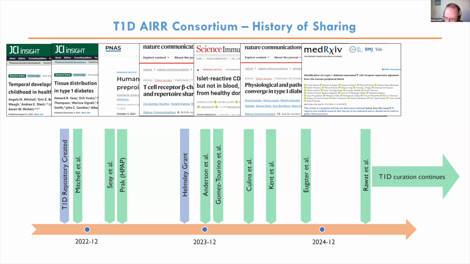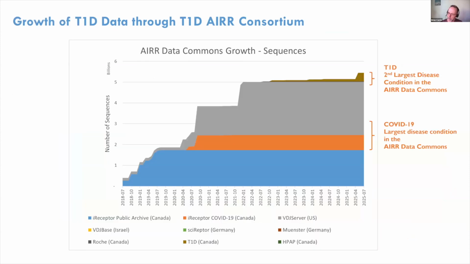Certainly the Helmsley grant has another year and a half left in it, so we can expect to grow the T1D data in the AIR Data Commons significantly. I mentioned a billion sequences in COVID-19 earlier on. Currently, type 1 diabetes is the second largest disease condition available in the AIR Data Commons, and that is almost completely due to this T1D consortium initiative.